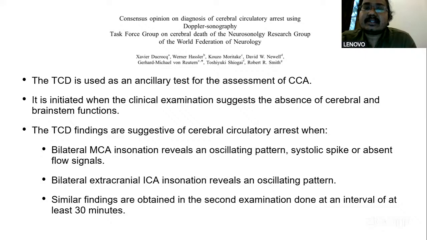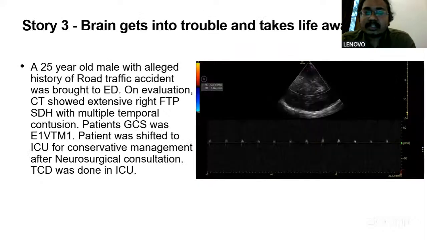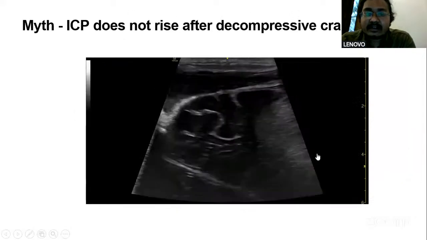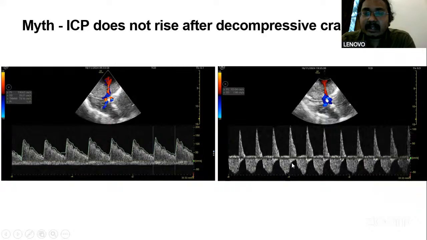In each examination, he would assess intracranial circulation as well as extracranial circulation. In intracranial circulation, say if he is looking at the MCA, it may reveal an oscillating pattern, a systolic spike, or absent flow signals. This is the systolic spike which you are seeing, and previously we have seen the oscillating pattern.